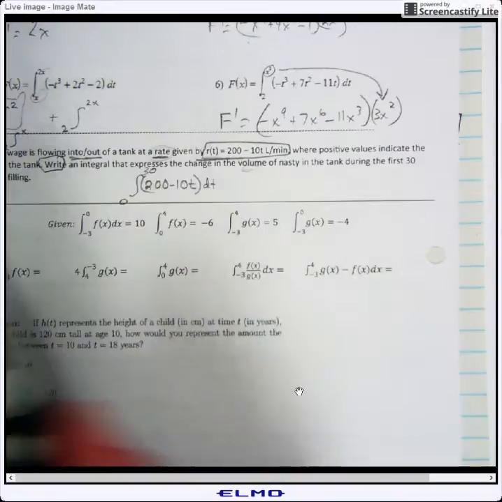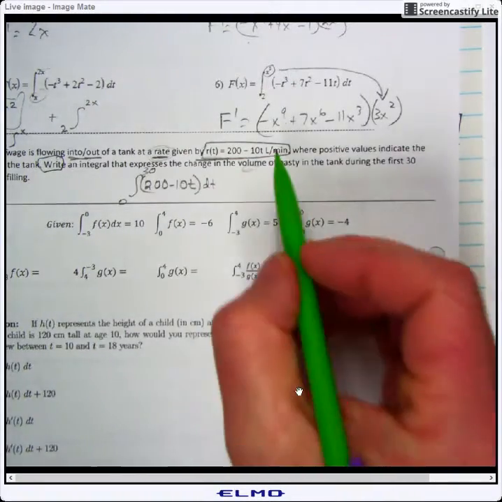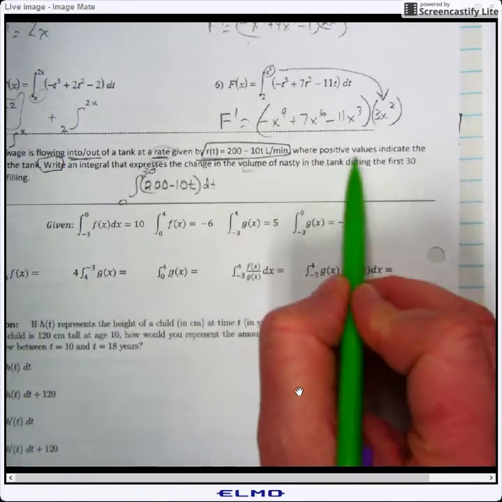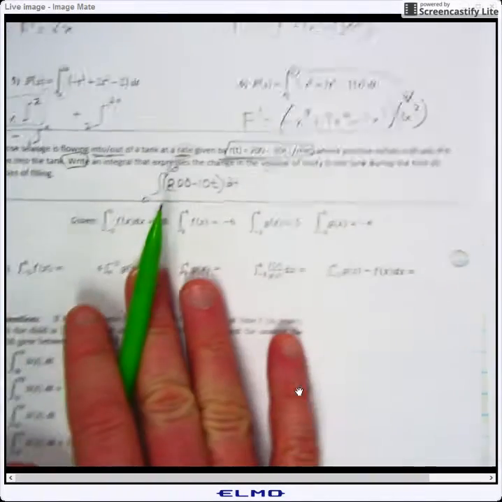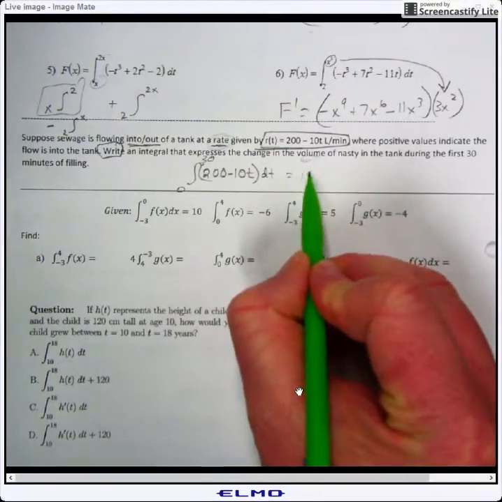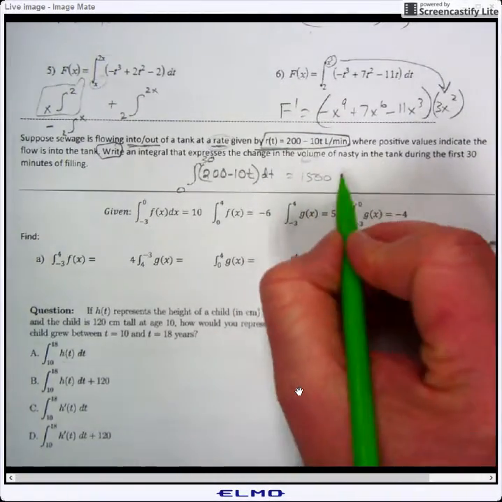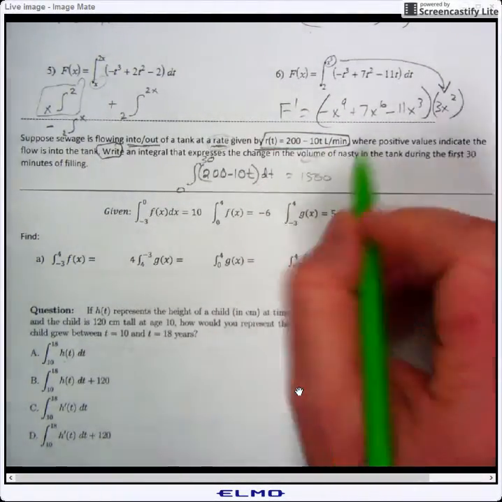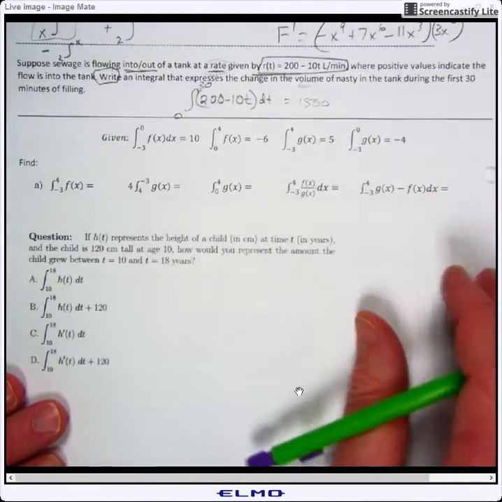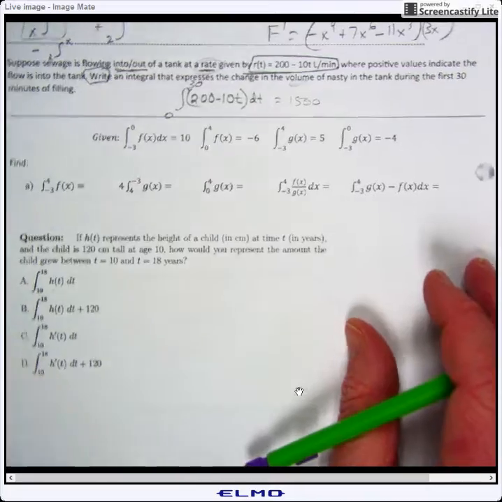So positive 1,500. So the change is 1,500. It says positive values indicate the flow into the tank. 1,500 pounds of nasty into the tank. But we didn't have to answer the 1,500 part, but you want to. The units are nasties because we already multiplied times minutes. Okay, I'm going to hurry, see if I can get this done. Too much talking.